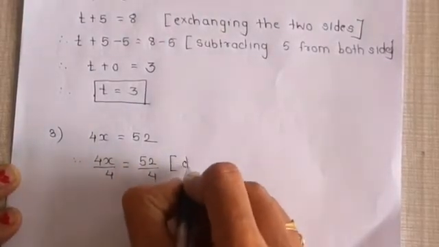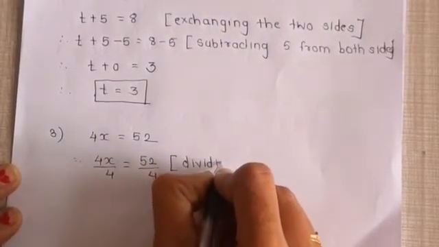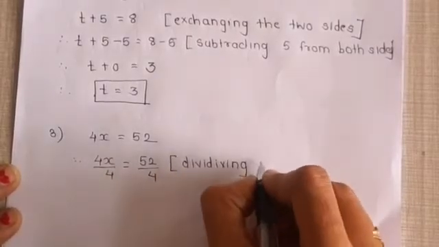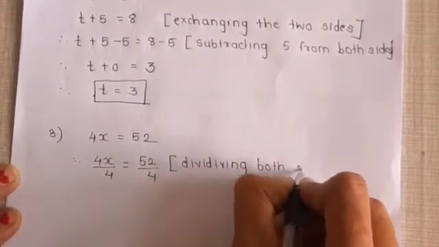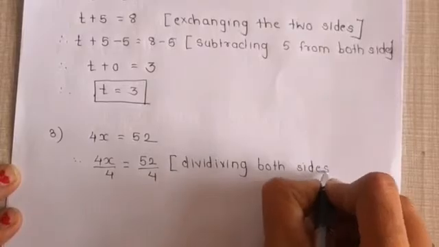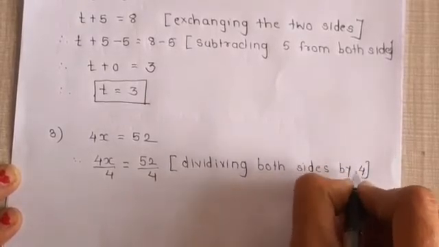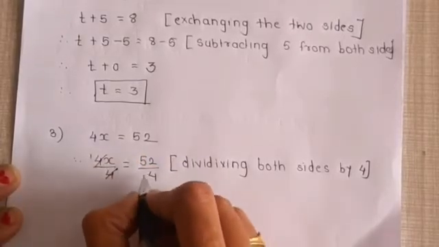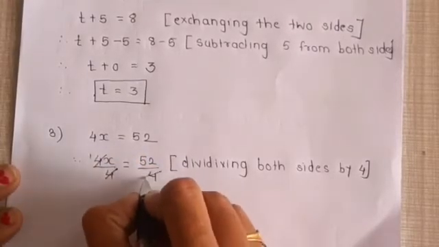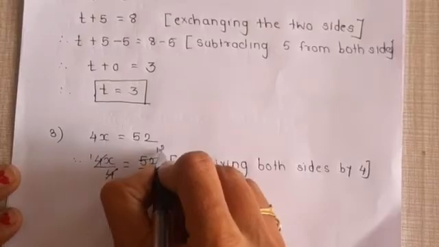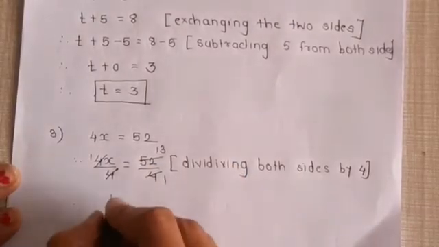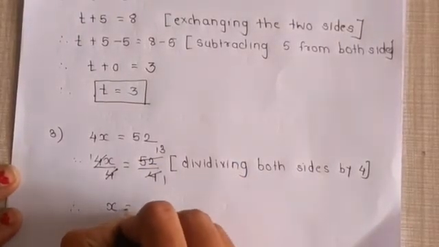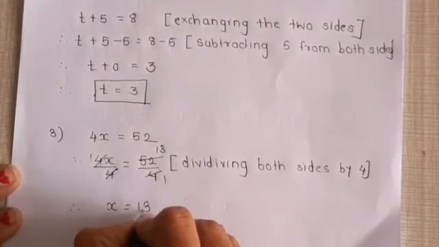What we have done? Dividing both the sides by 4. 4 gets cancelled. 4 1s are 4, 4 13s are 52. Therefore, x is equal to 13.